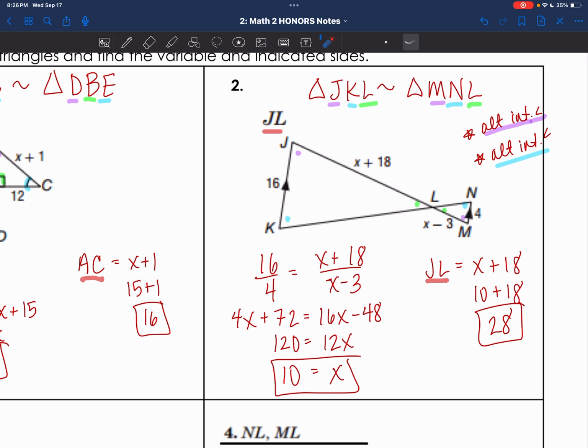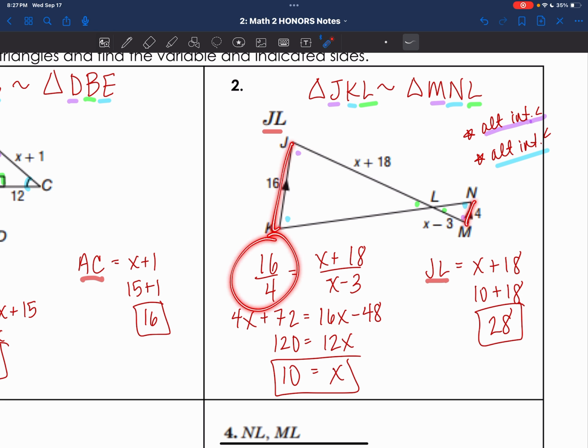So let's go ahead and set it up and make sure you do your proportional sides. So we said JL is going to go with ML, which is here. So I set up my proportion here, and then now I'm going to do my other values, which is JK, which has to go with MN.